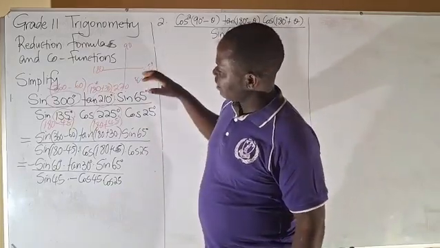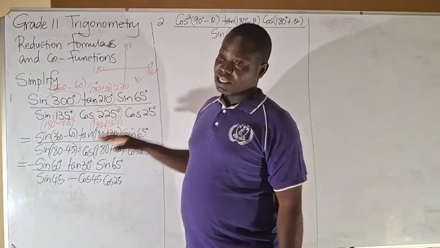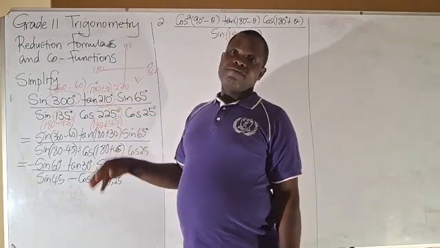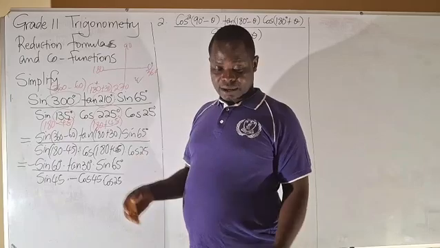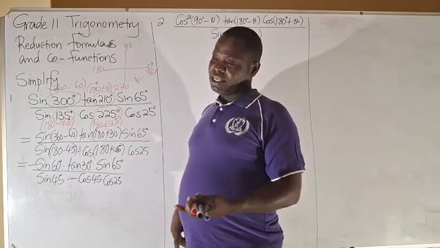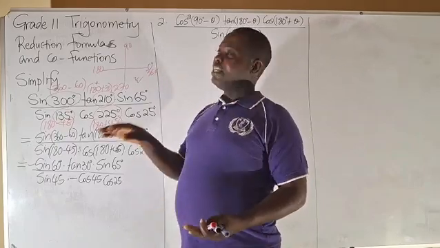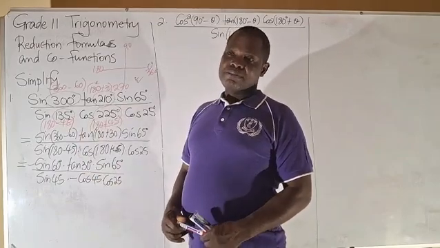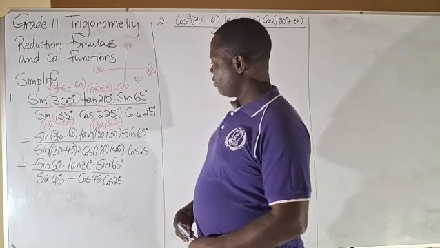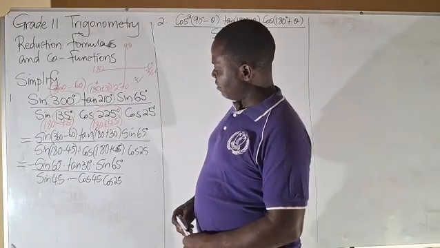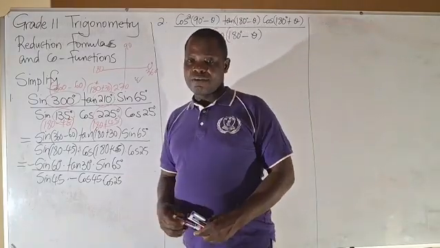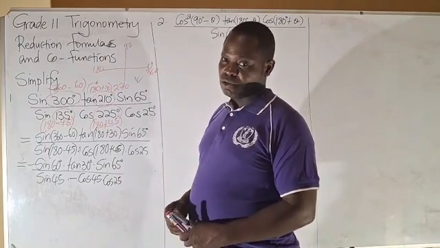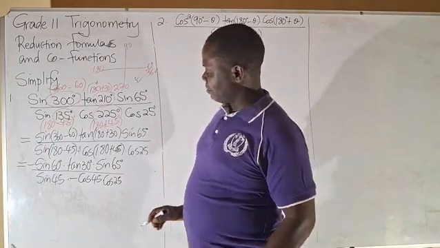Then, if an instruction says simplify the following without a calculator, expect reduction, expect cofunctions, and the angles that we get are definitely going to be special angles. So now I need to know the values of special angles for me to be able to do my substitution and simplify.